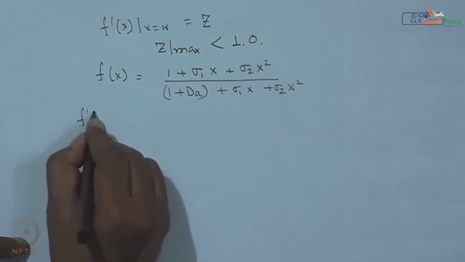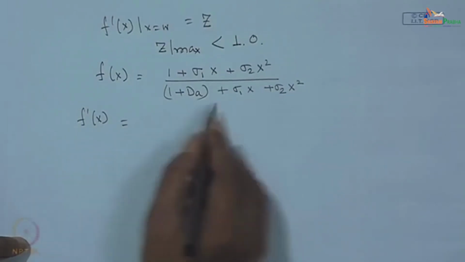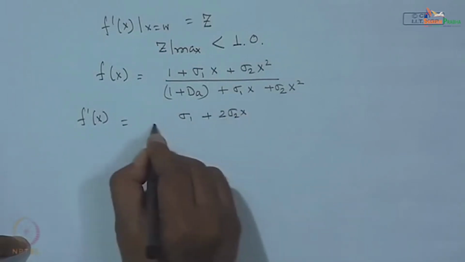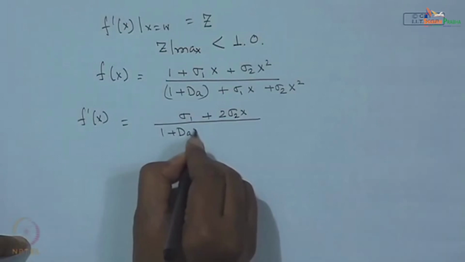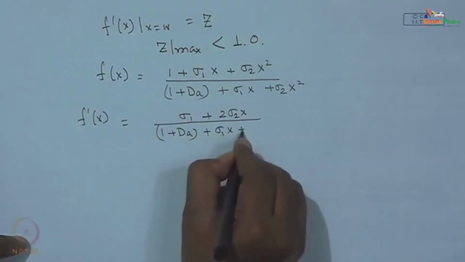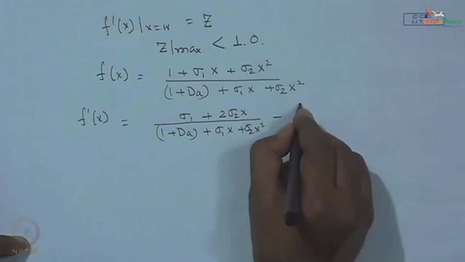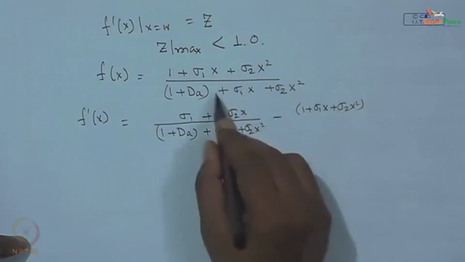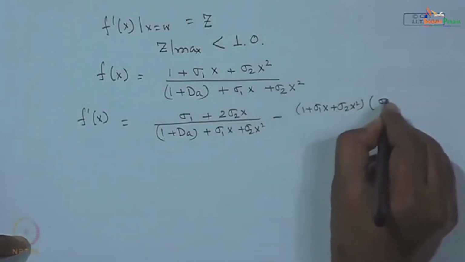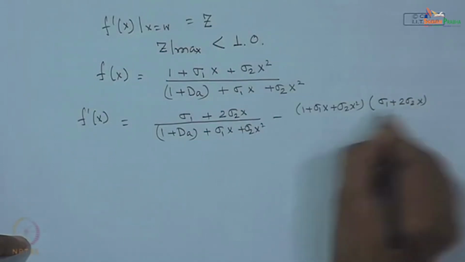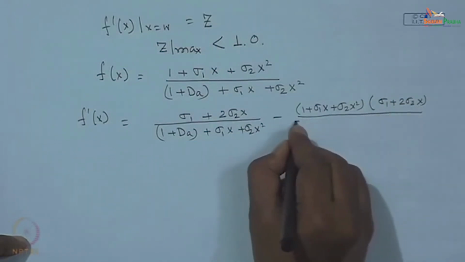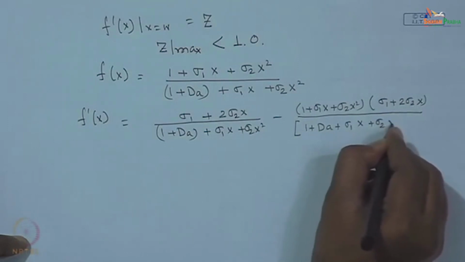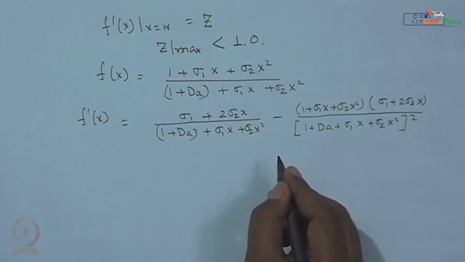So, f prime x, we just differentiate it exactly the same way we have done earlier, is 2 sigma 2 x divided by 1 plus dA plus sigma 1 x plus sigma 2 x square, minus 1 plus sigma 1 x plus sigma 2 x square constant. Then we differentiate this one. So, this will be sigma 1 plus 2 sigma 2 x divided by 1 plus dA plus sigma 1 x plus sigma 2 x square, squared.